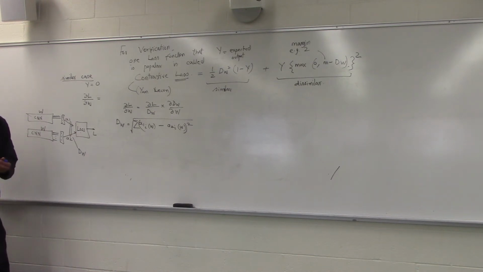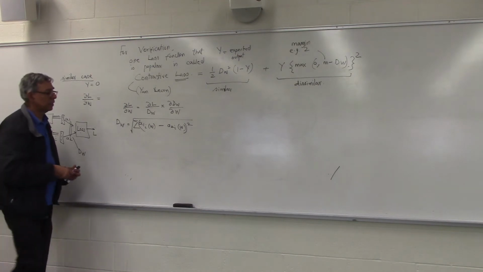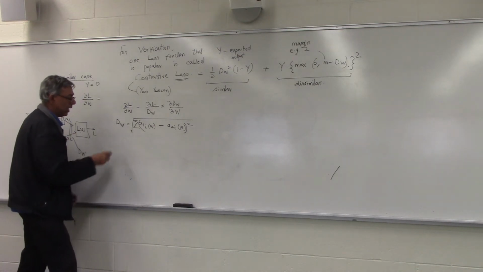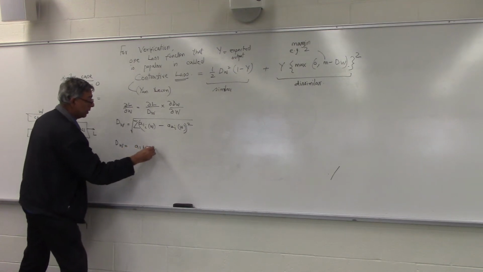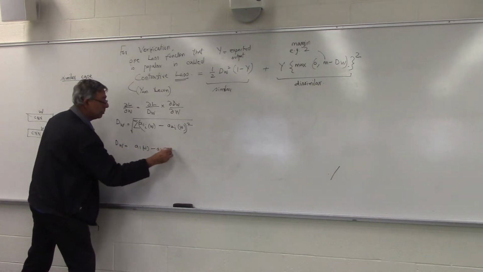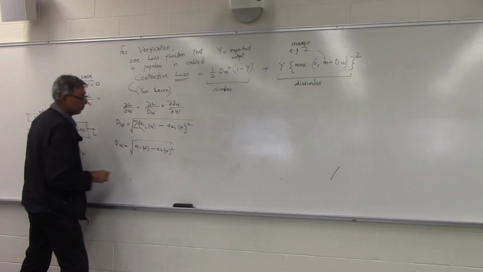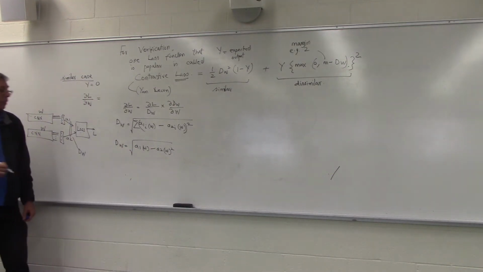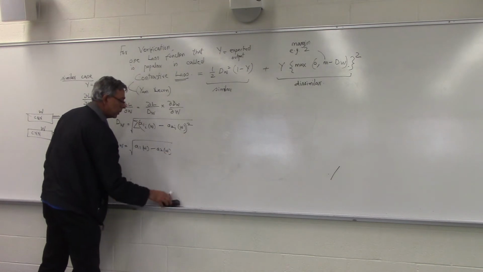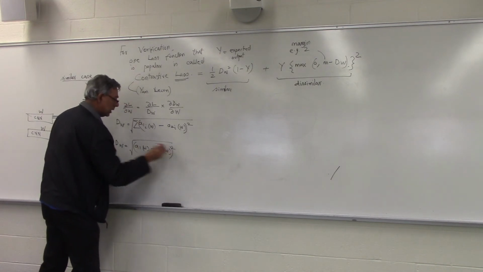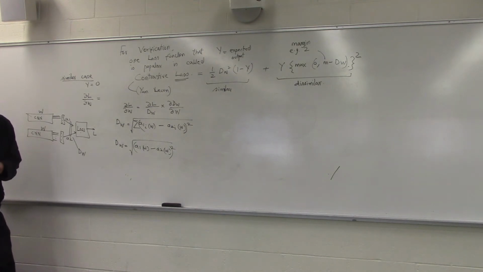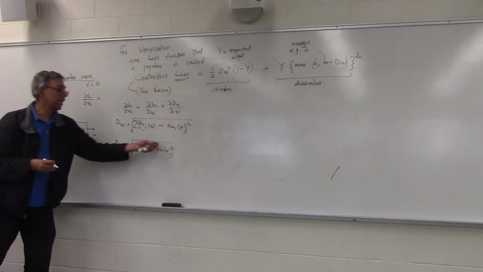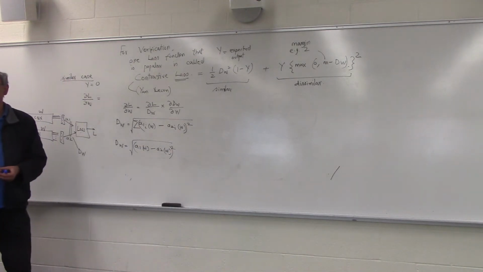Okay. A small point over here. Could I have written it like this? dW equal to the square root of A1 of W minus A2 of W. Is this the same as this? No. Then you might say, oh, cancel the square and the square root, right?